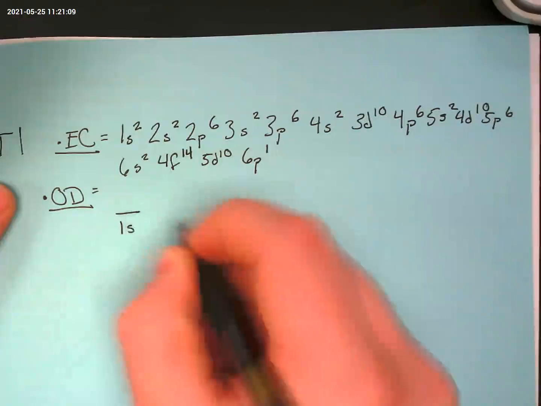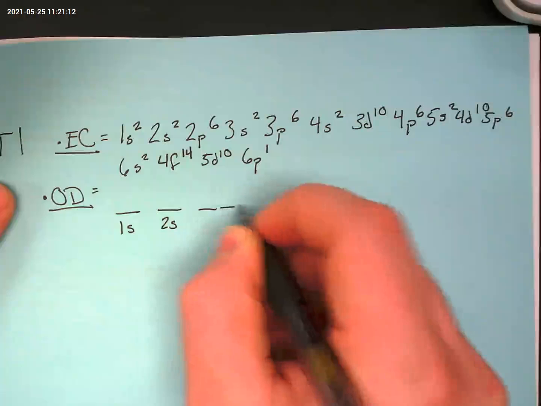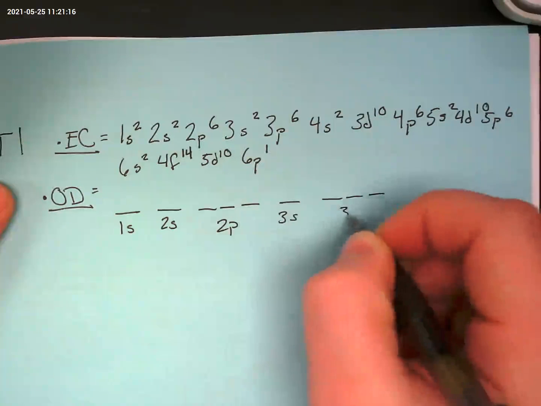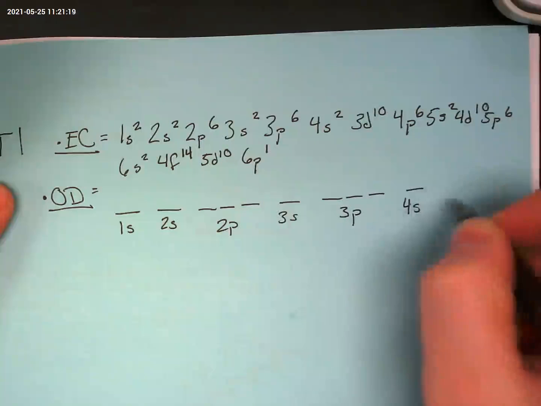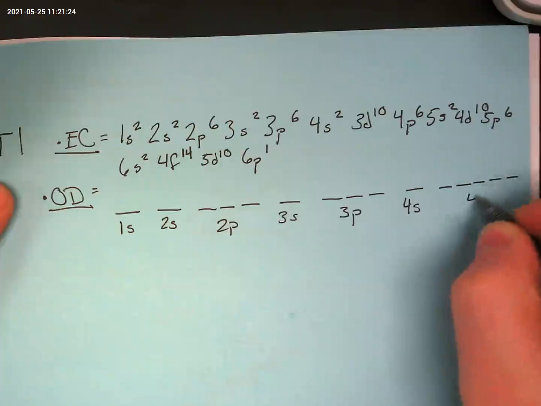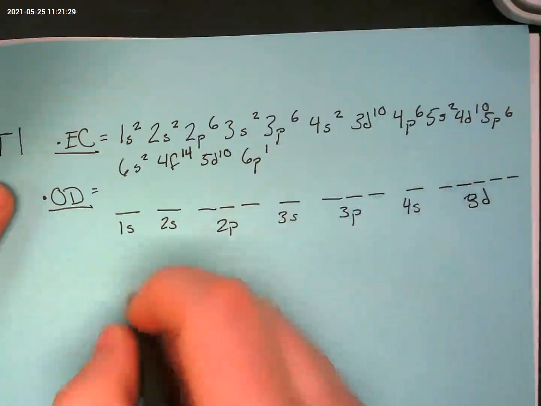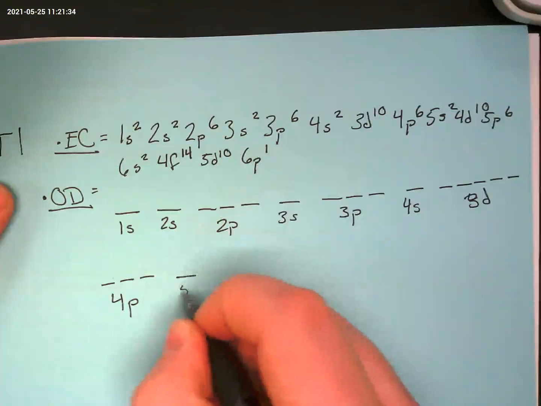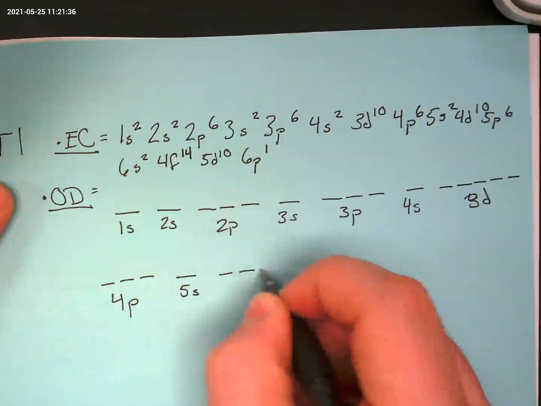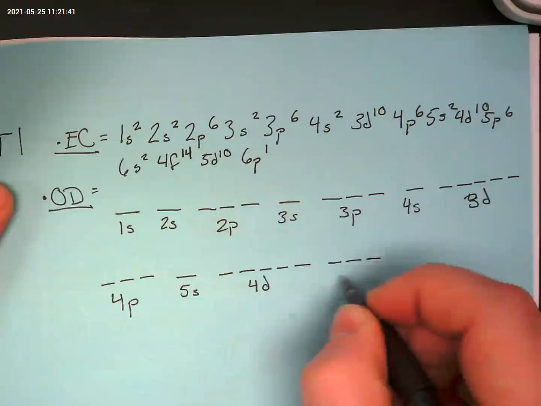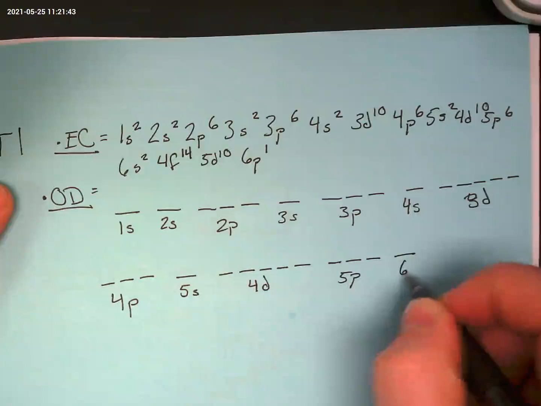So there's 1s, 2s, 2p, 3s, 3p, 4s, and 3d with five lines. Then 4p, 5s, 4d with five lines, then 5p, 6s.